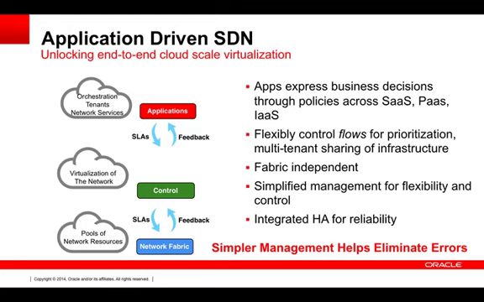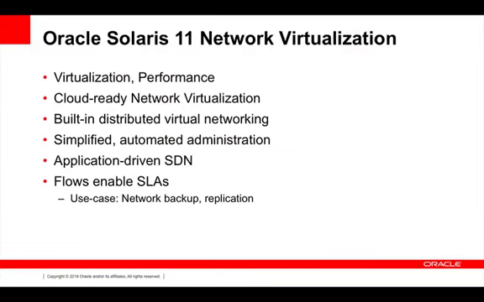So that's pretty exciting. So it sounds like, number one, there's the notion of a distributed virtual switch with SDN that we're providing in Solaris 11.2. Number two, the ability to have applications actually drive networking behavior and articulate their needs on their own without having the administrator be as involved as in the past.